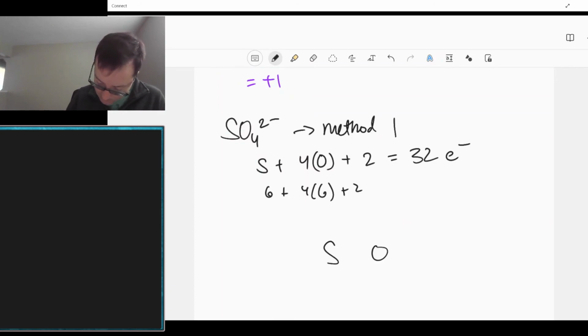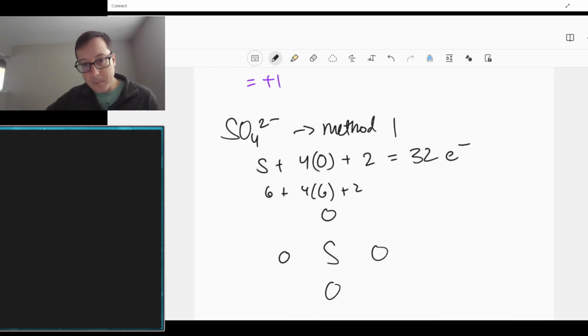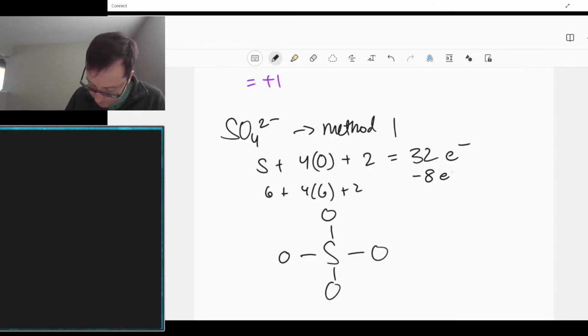We've got to put them out here. We want to do single bonds to all of them, so that'll be 8 electrons. 24 left. 1, 2, 3, that's 6.